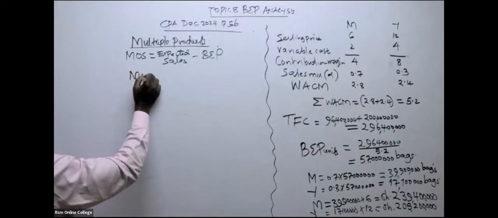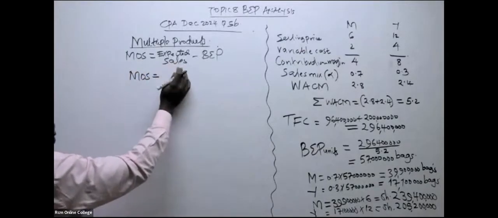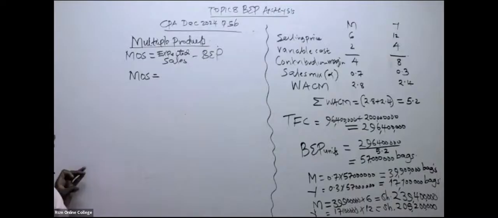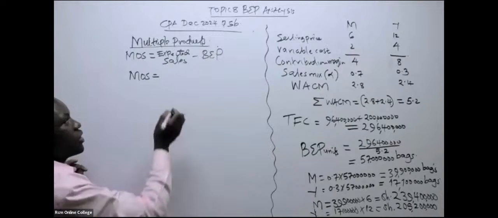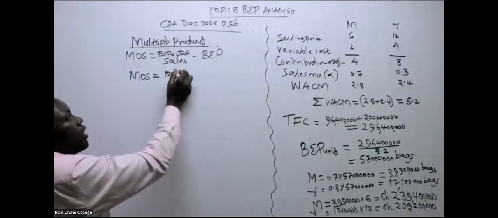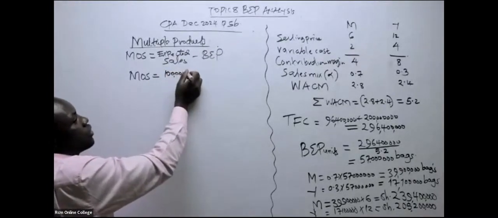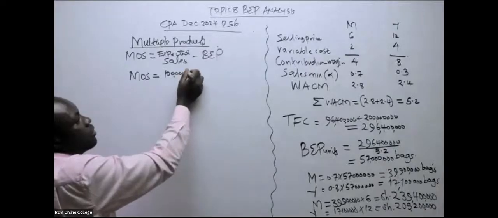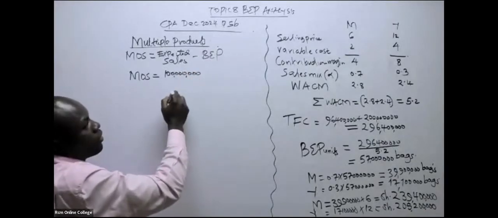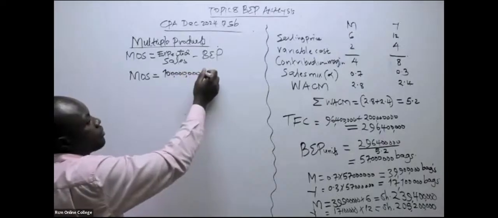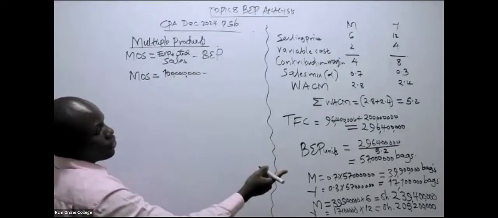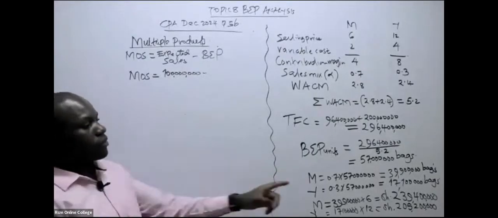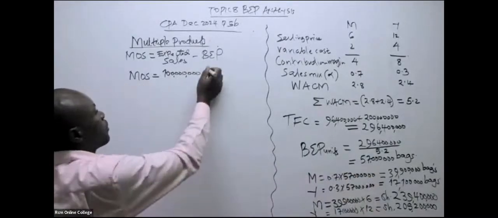Our margin of safety in units: expected sales in units, we add 70 million units plus 30 million units, that was 100 million units, right? Minus break-even point in units, we are talking about 57 million.